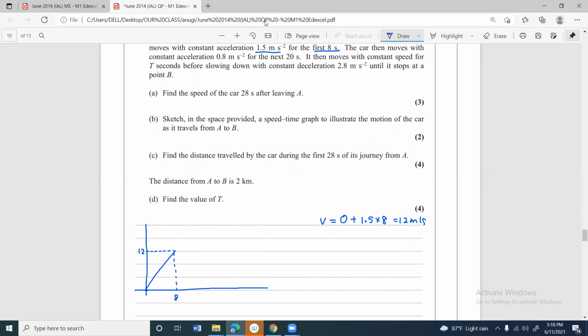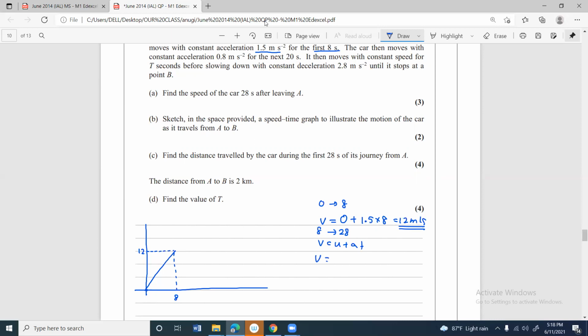8 seconds. Right. The car then moves with a constant acceleration of 0.8 meters per second squared for another 20 seconds. In this case, this is the u for the next moment. Again, if we apply v equals u plus at, this is for the first 8 seconds, 0 to 8 seconds, then 8 to another 20 seconds, that is 8 to 28. 8 plus 20 is 28 seconds. So v is the one you find.